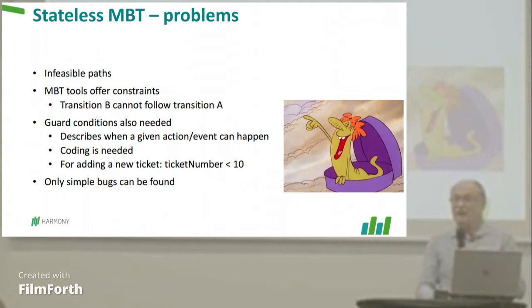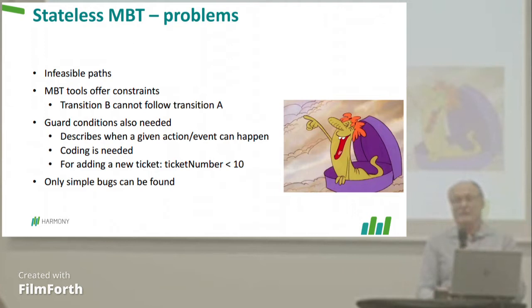MBT tools offer some constraints. For example, transition B cannot follow transition A, but it's too simple, and that's why so-called guard conditions should be involved. The guard condition describes when an event or action can happen, and this is just coding, so you want to remove coding, but it's not possible because of the guard conditions.